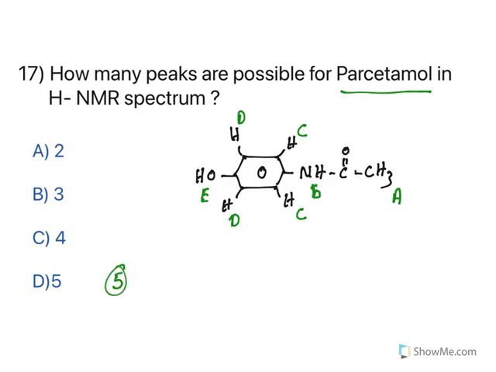Now let me explain a little bit of chemical shift too. Now look at this. These are methyl protons. They will be more shielded, and the delta value will be very close to tetramethylsilane, TMS. Now coming to this B proton, it is attached to an electronegative atom, nitrogen, and they are kind of exchangeable protons.